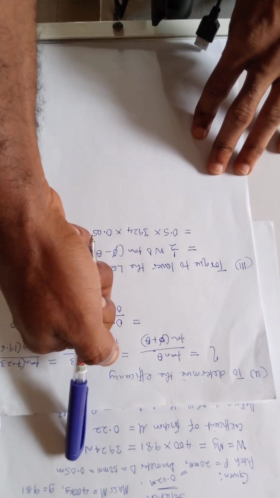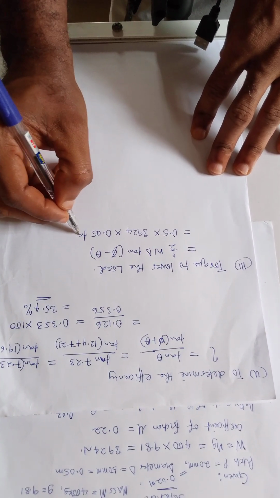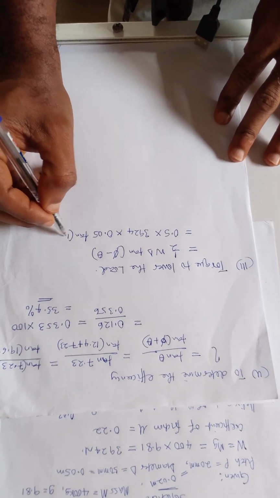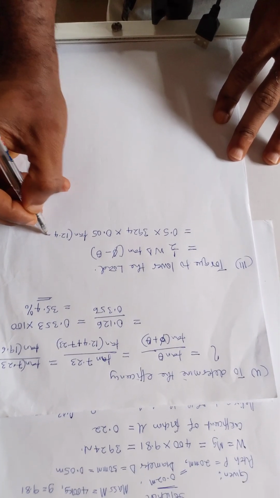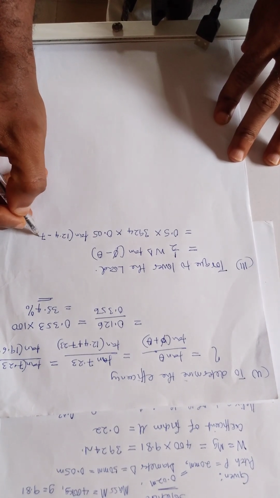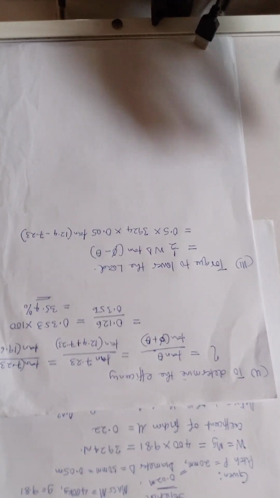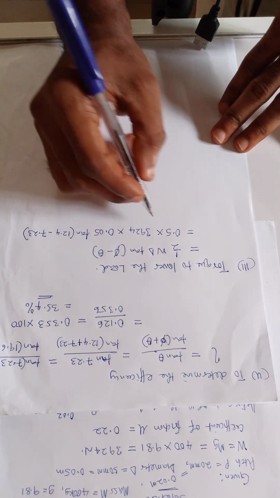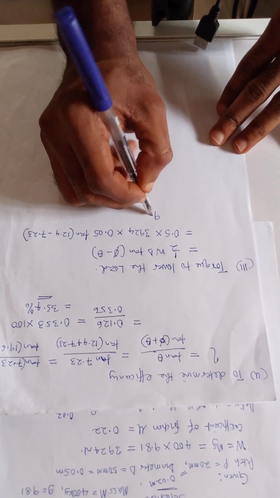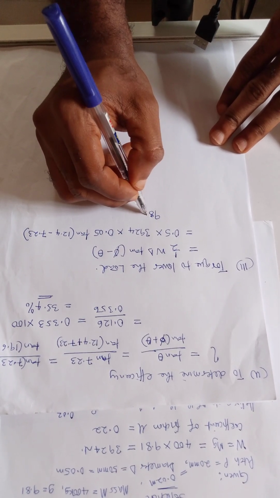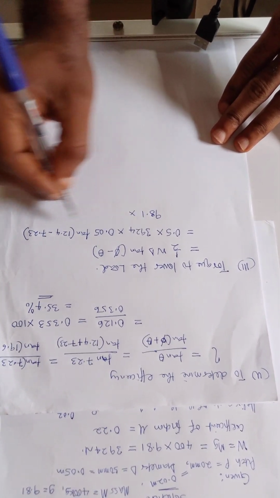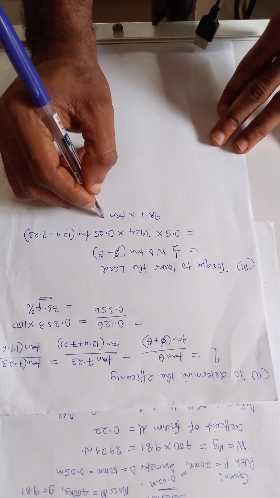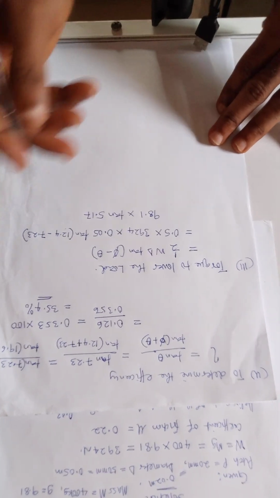We have it converted here. Tan of, our phi is 12.4 minus theta, which is 7.23. When we multiply the whole of this, we have 98.1 times tan of this minus this, which gives us tan 5.17.